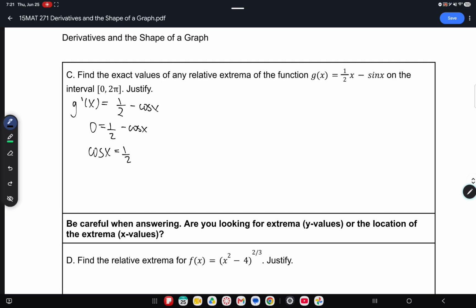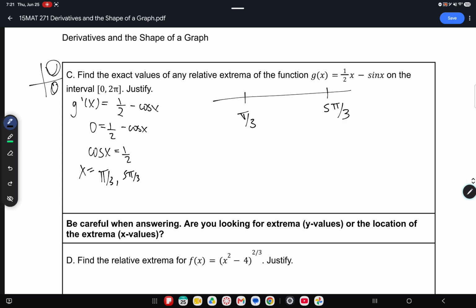And if I think about my unit circle, right, when cosine is 1/2, we're either in this quadrant or this quadrant. And that's going to happen at pi over 3 and 5 pi over 3. So there's my critical values here, pi over 3 and 5 pi over 3.